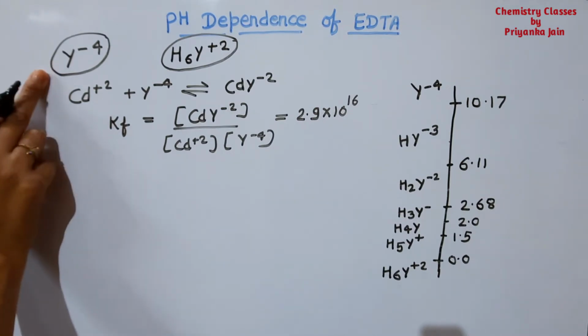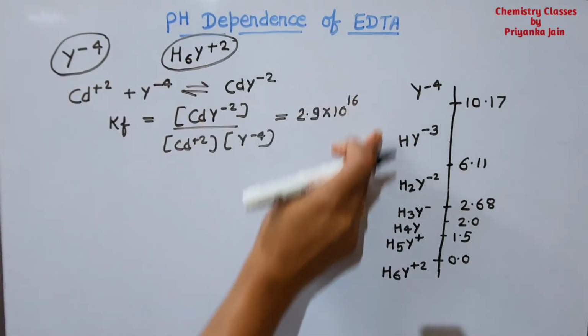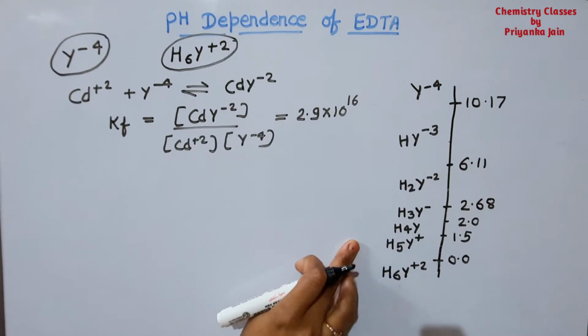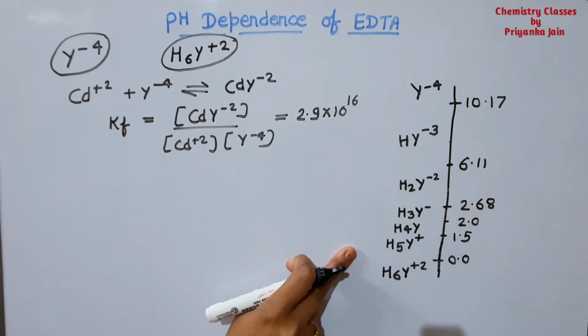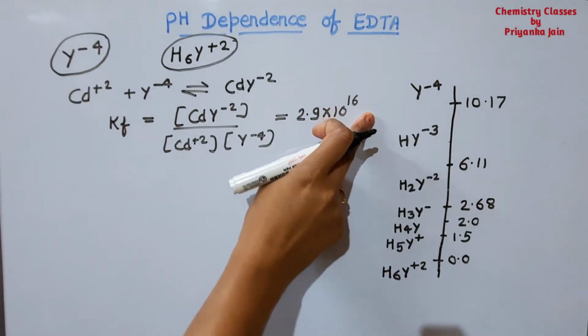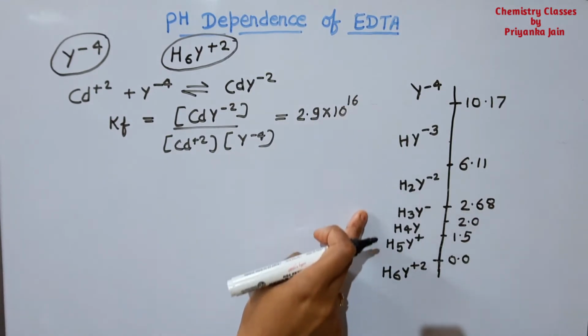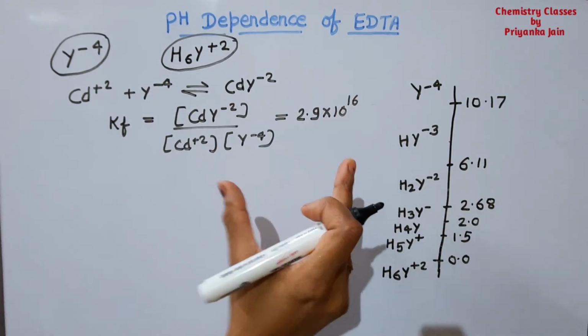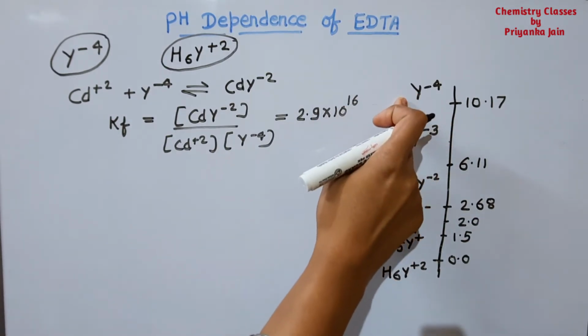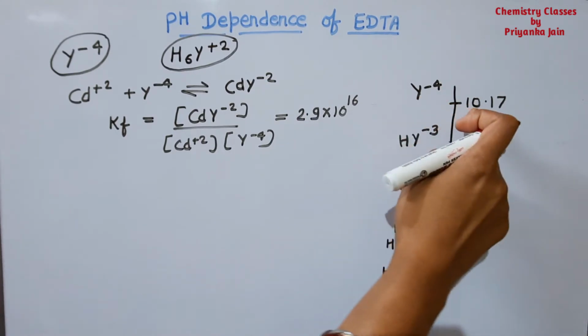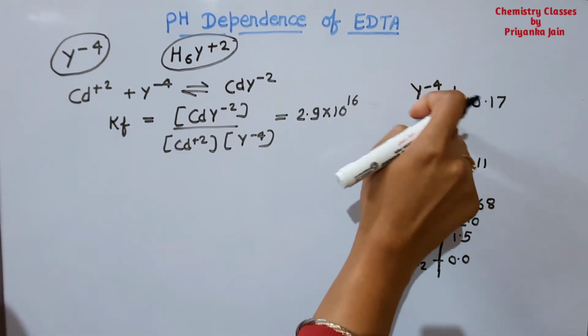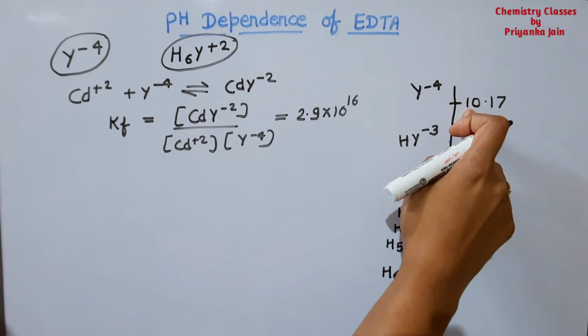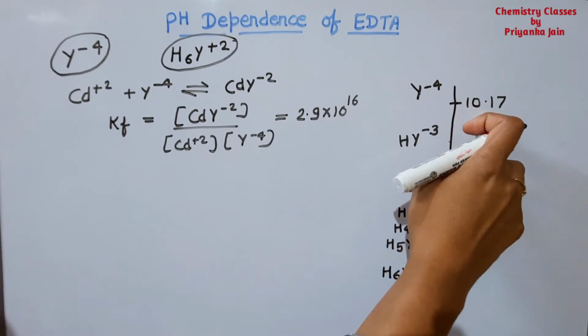Now you can see here I have made a scale. This is called the pH scale of the EDTA. Here you can see that these whole forms will exist at a particular pH. This Y minus 4 form of the EDTA will exist at pH 10.17 and above.